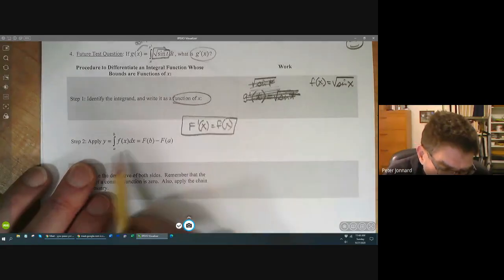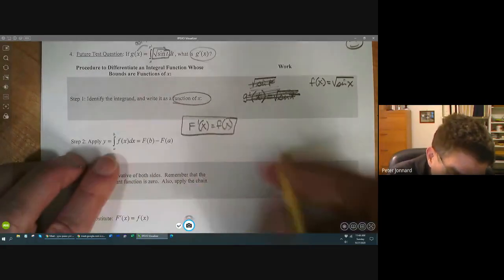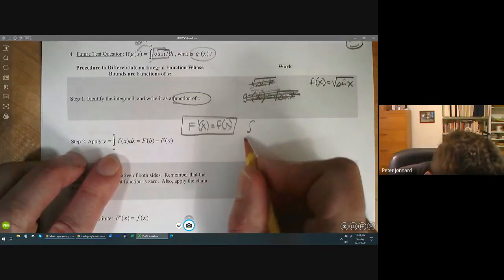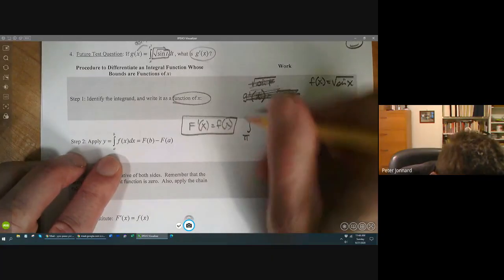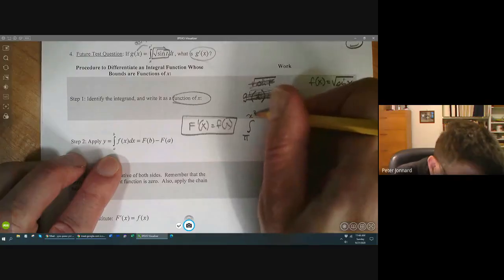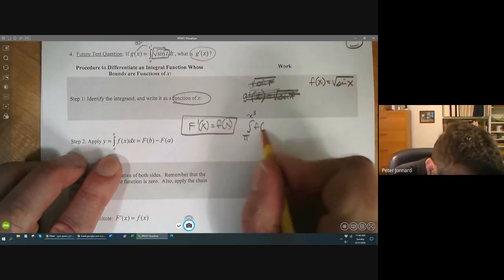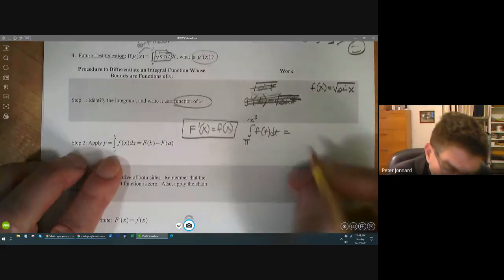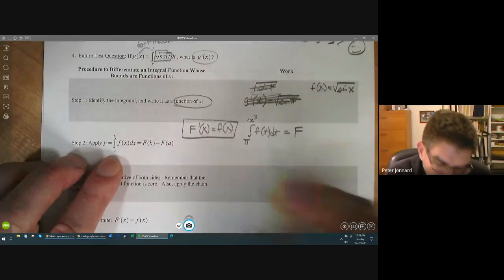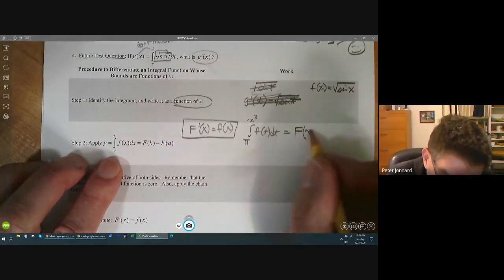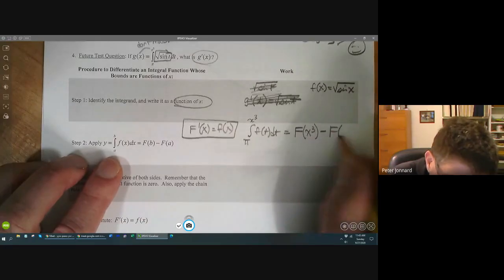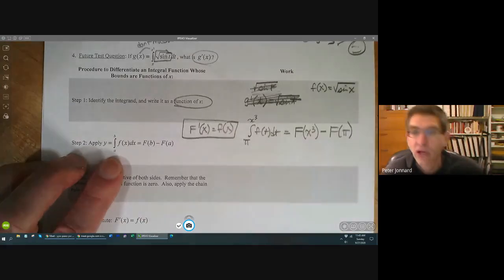It's just notation. So what this says is the integral from pi to x cubed of f of t dt must be equal to this capital F evaluated here at x cubed minus capital F of pi, the lower bound, like so.